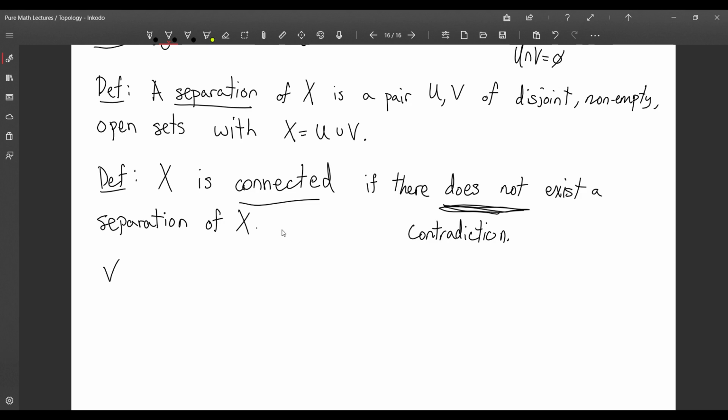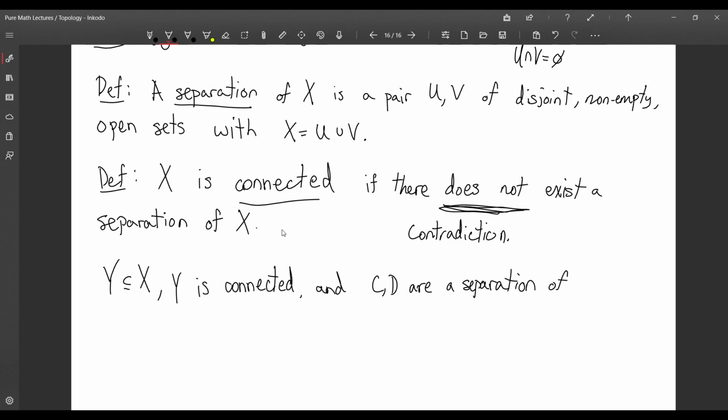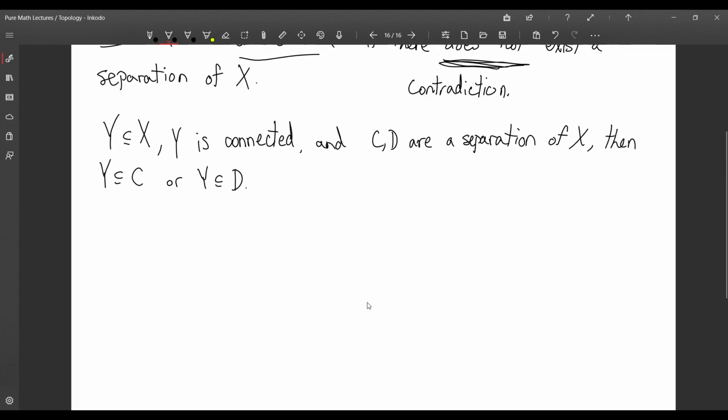So the first thing, this is very important. If Y is a subset of X and Y is connected, and C and D are a separation of X, then Y is contained in C or Y is contained in D. Excuse me.